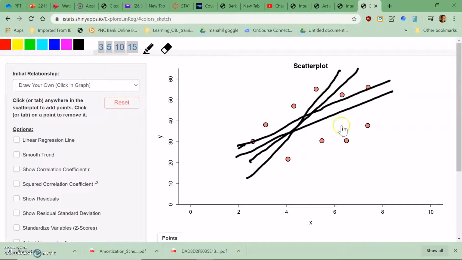Now, just look at these four lines for the sake of discussion and think about it. We want to decide which line is the best fit line. By the best fit line I mean, which of these lines is closest to all these points? Which line best fits these data points?